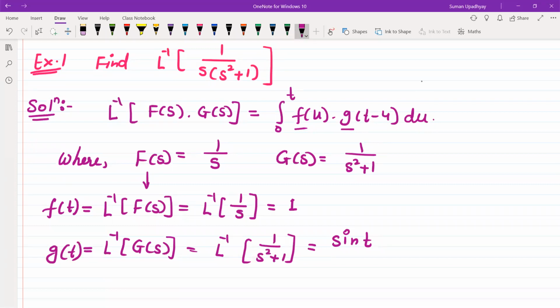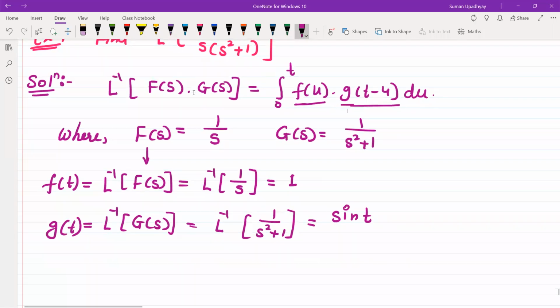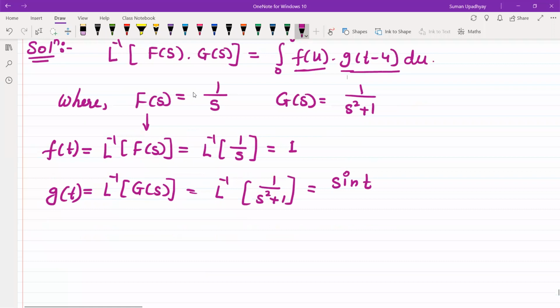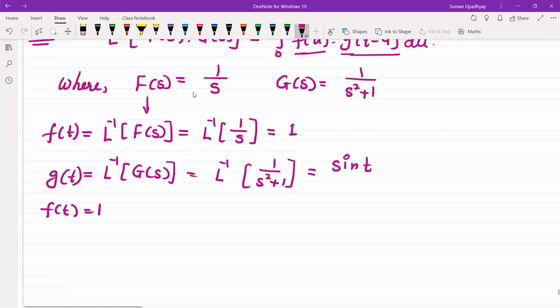Now, but I need f of u and g of t minus u. I got f of t as 1, so for f of u I replace t by u. The right-hand side is 1, so it does not change, and f of u is also 1.